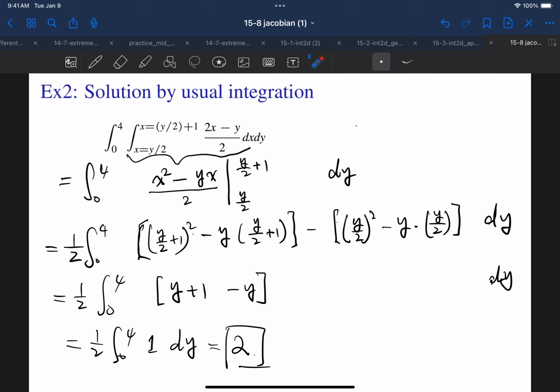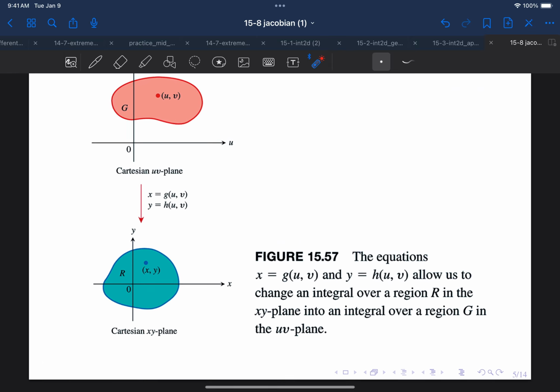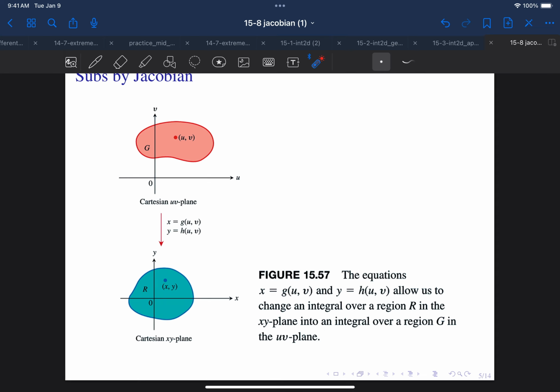Now we're going to use the substitution rule and try to compute the problem, and we expect the number 2 as the final answer. So what is substitution? You can look at x equals g(u,v), y equals h(u,v). There are two functions and two variables, so you can look at g and h as one machine.